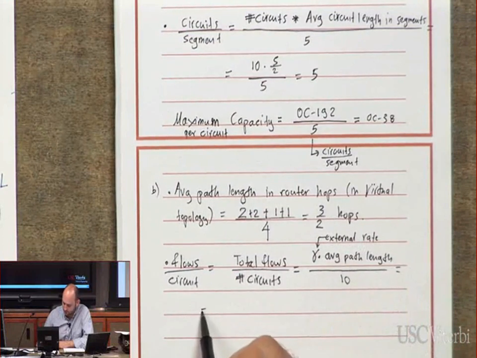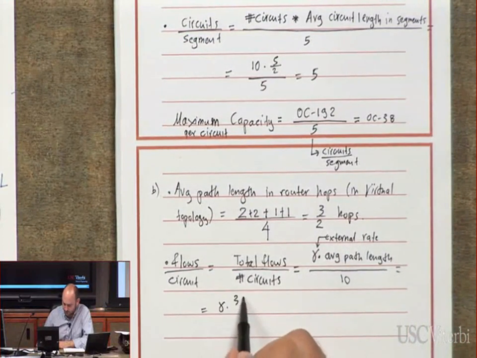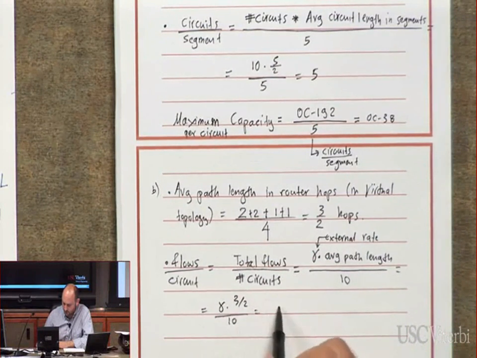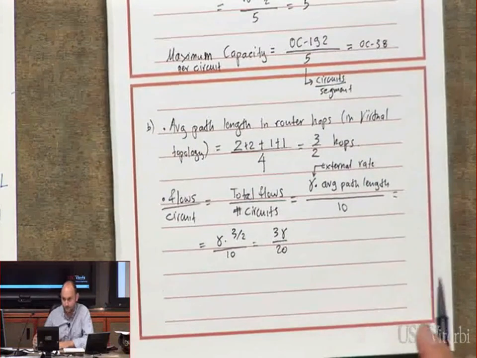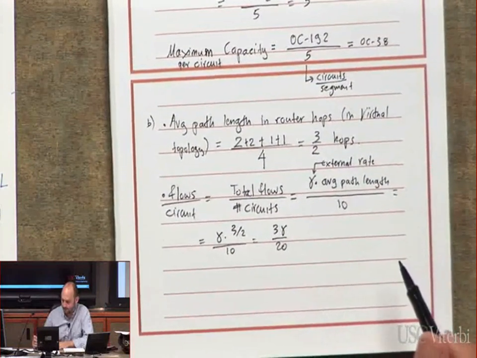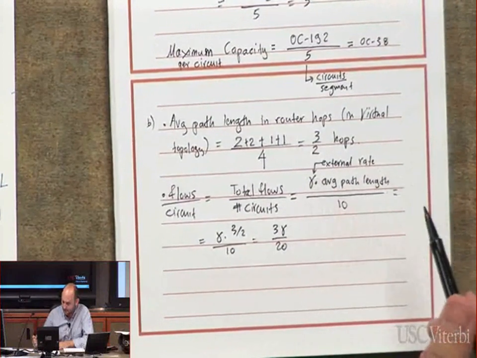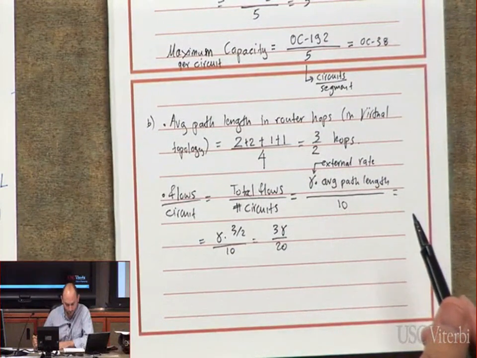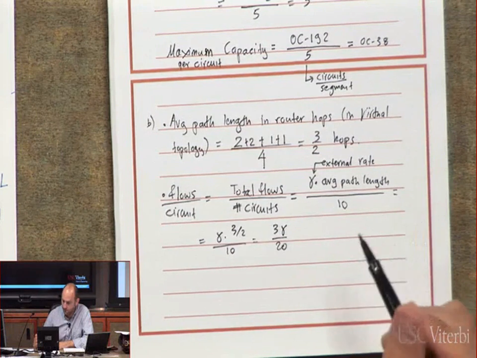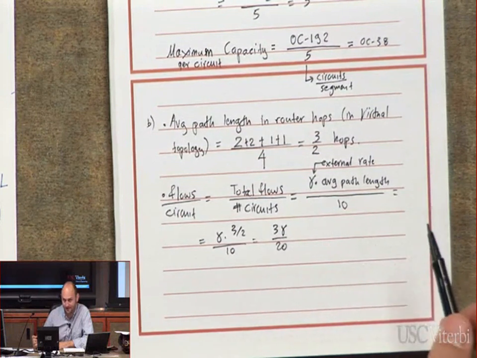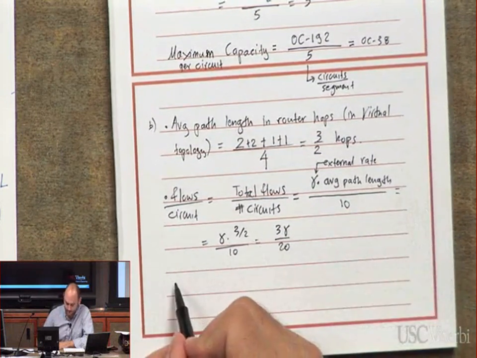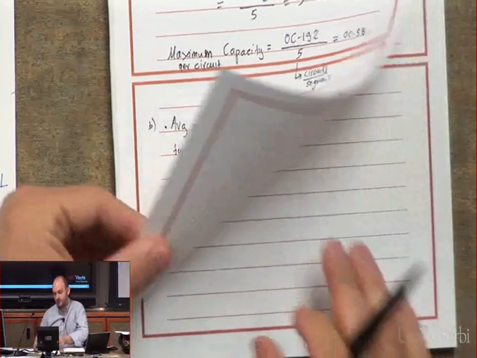And this is equal to gamma times 3 over 2 divided by 10, which is 3 gamma over 20. Make sense? Okay. Now, what else do we need? Now we can go ahead and calculate the delay. So for the delay, let's go to the next page.